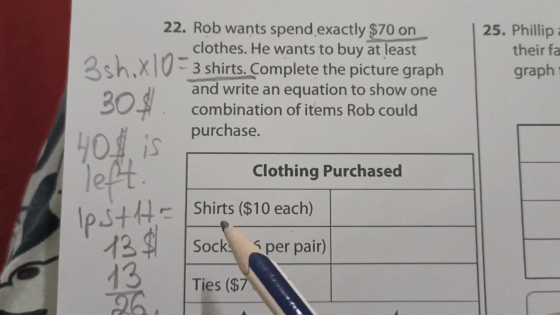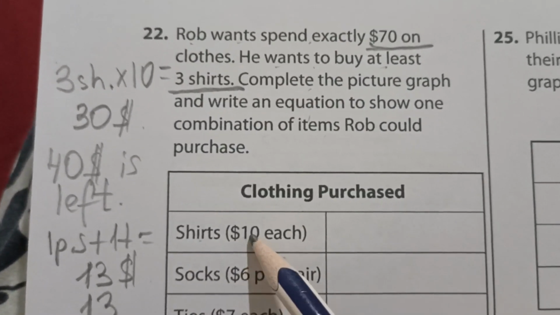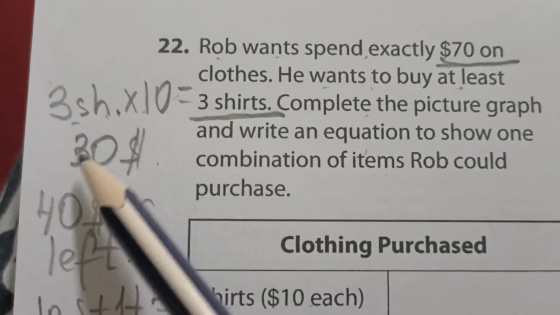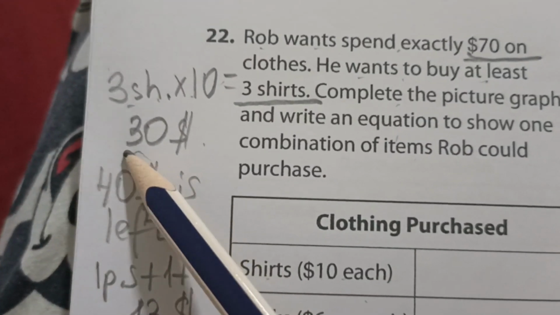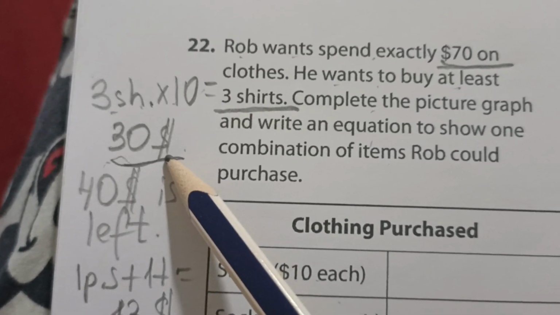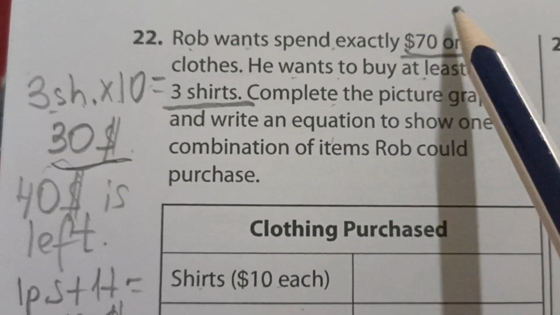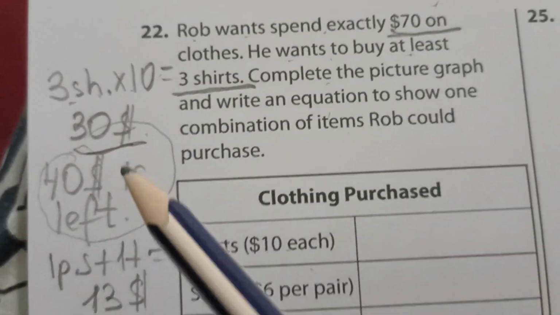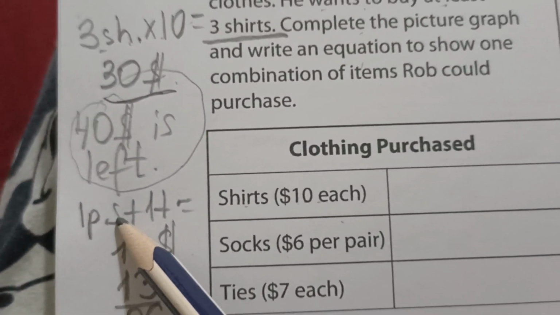So what do we have here? We have here the shirts cost $10 each. So if he wants to buy 3 shirts by $10, he will spend $30 on shirts, okay? Then 70 minus those 30, $40 is left. Now, what do we have?